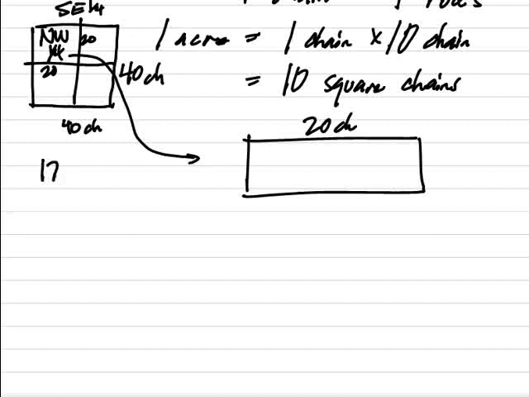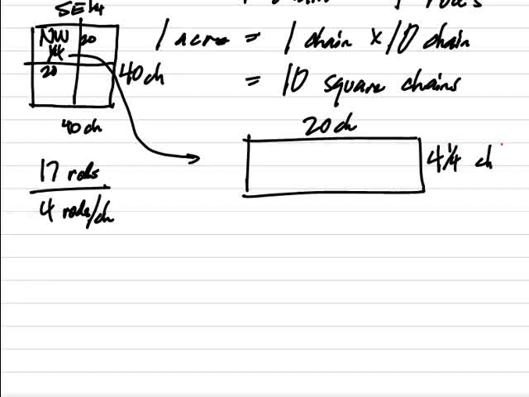So 17 rods divided by 4 rods per chain. That comes out to be, excuse me, 4 1/4. 16 would be 4 times 4, plus 1 rod. That'd be 1/4 of a chain, right? So this is going to be 4 1/4 chains.